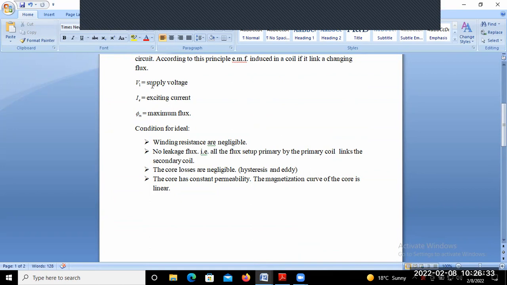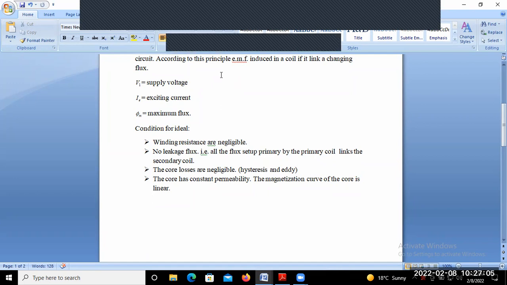It is AC voltage, but an AC quantity can be represented in various components, either instantaneous value, maximum value, or RMS value. I think all of you are familiar with these terms.